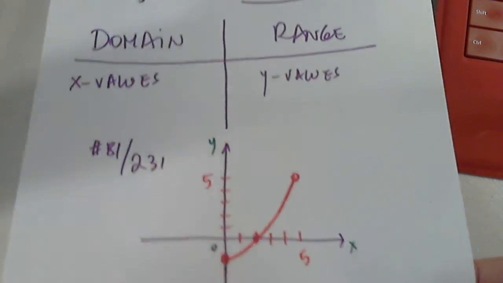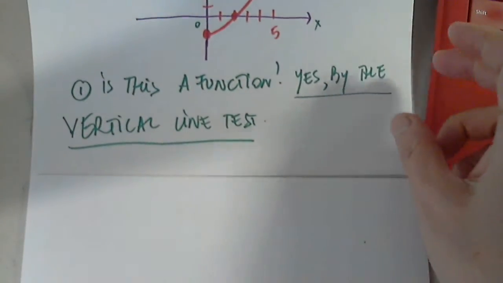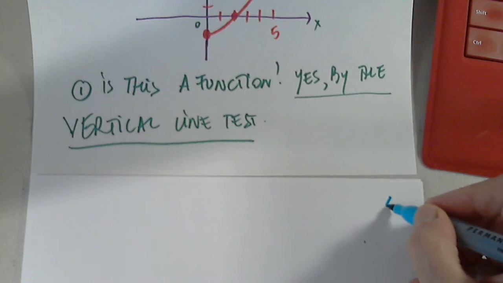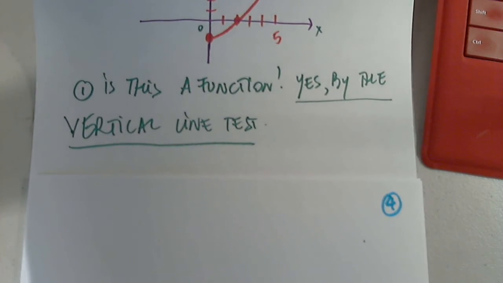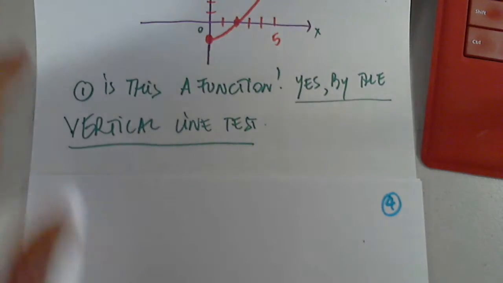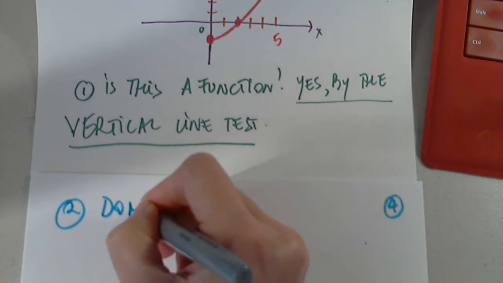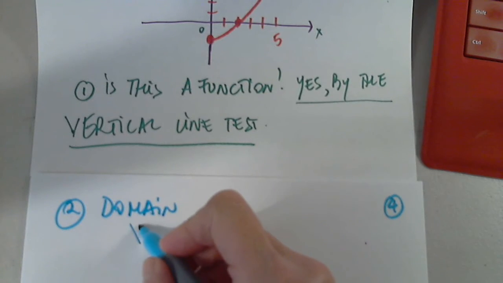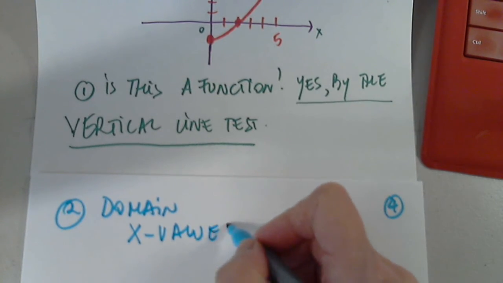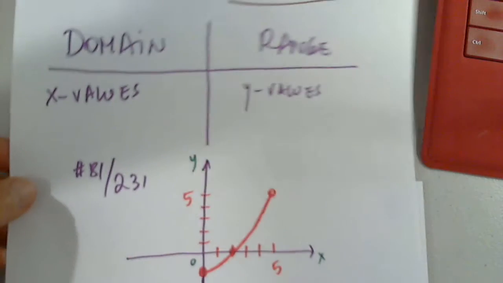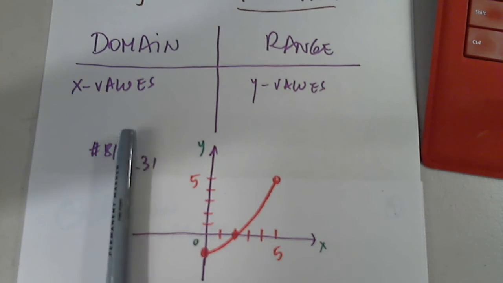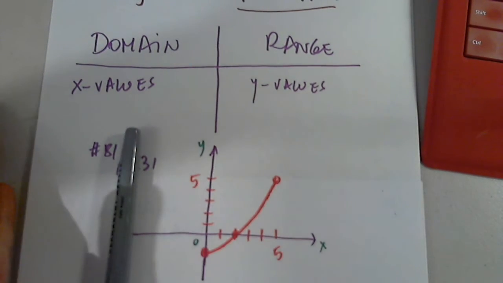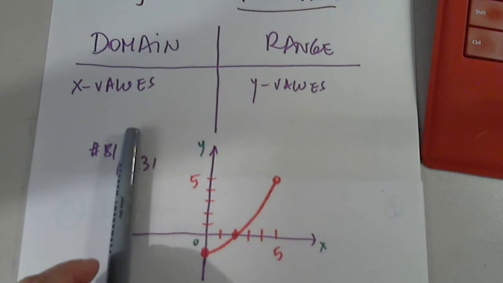Good. Next question. Find the domain. Domain of this function. So, hold on 1 second. So number 2, domain. Domain refers to values of x. So we look at the graph, take my marker or my pencil, whatever, and I start from the leftmost point and go to the rightmost point.